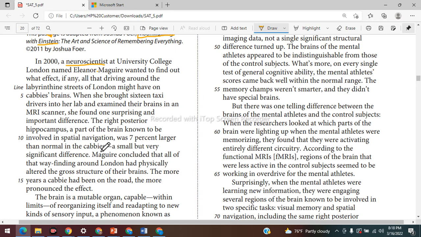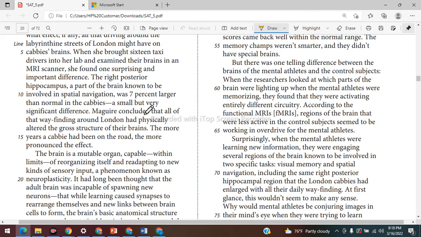A small but very significant difference. Maguire concluded that all of that wayfinding around London had physically altered the gross structure of their brains. Wow. The more years the cabbie had been on the road, the more pronounced the effect.